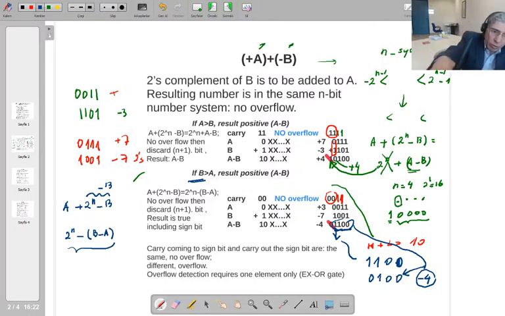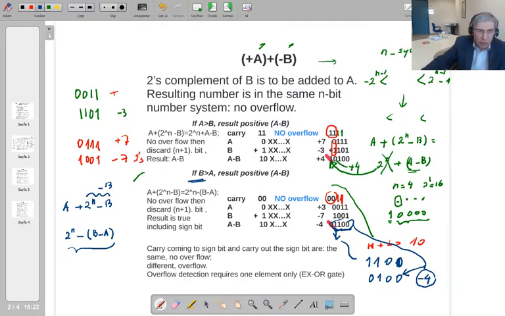If we put those two cases together, there won't be overflow. We stay in the same number system range, and the result number is always true within that system, including the sign bit, because we have represented negative numbers in 2's complement form.